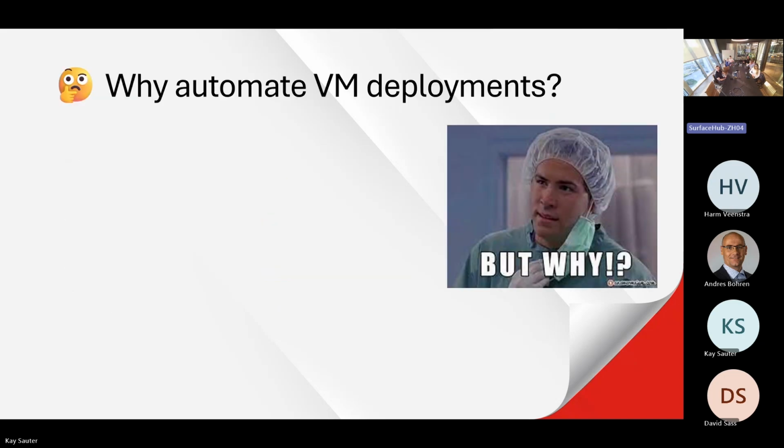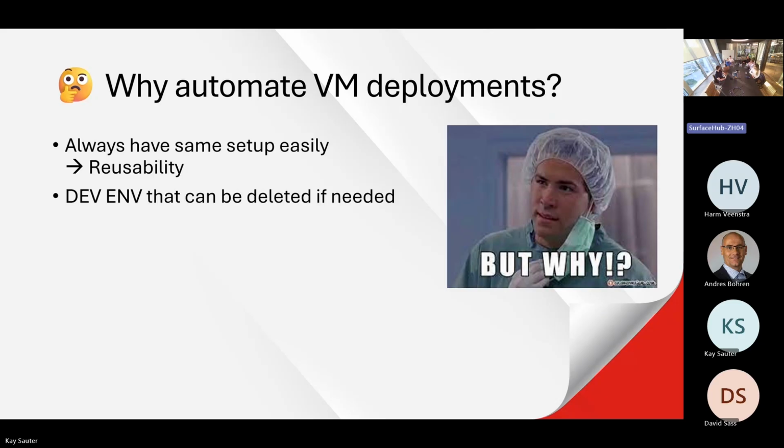So why would we do that? It's not intuitively understandable, but if you want to have the same effect again and again, if you, for example, block something and something happens, you have a disaster, then you can easily redeploy it. You also have the possibility, for example, to give it to a customer and test something.